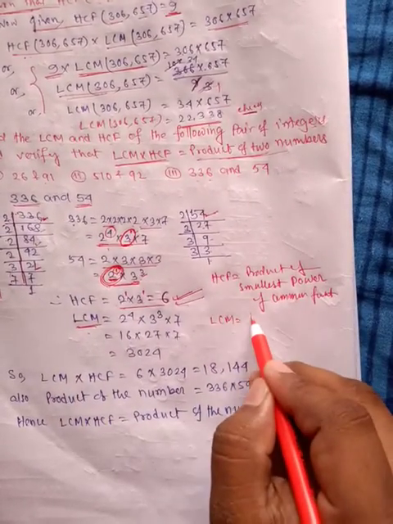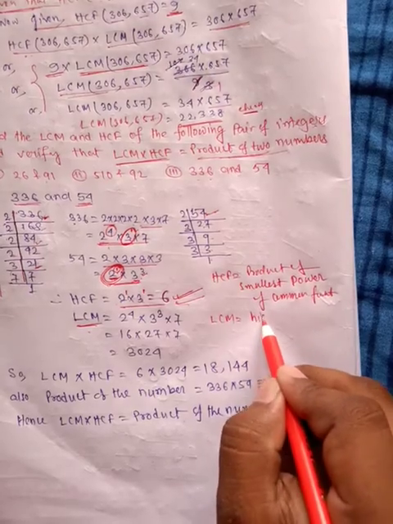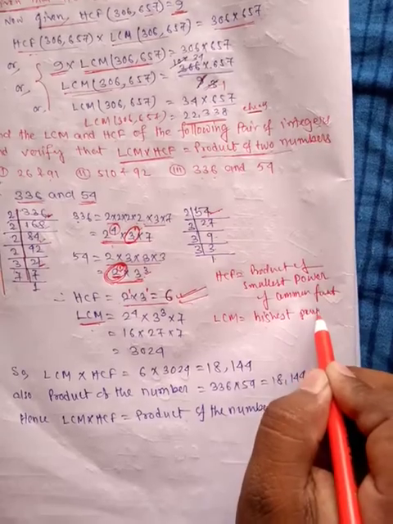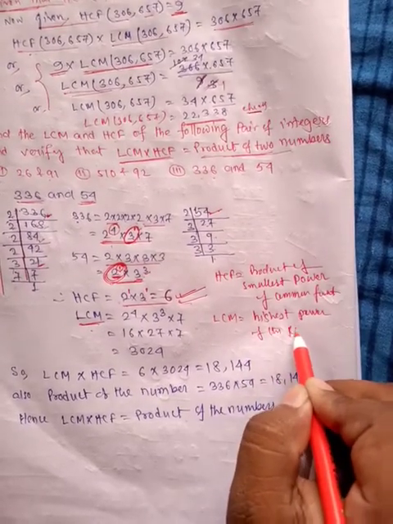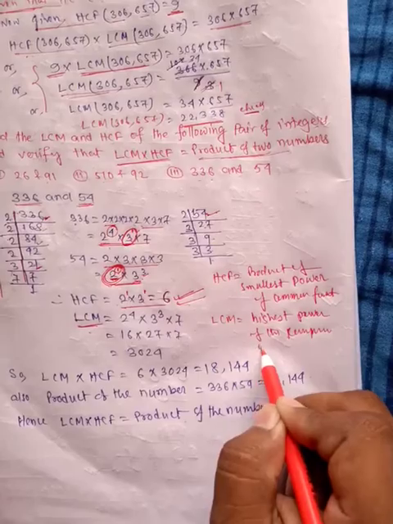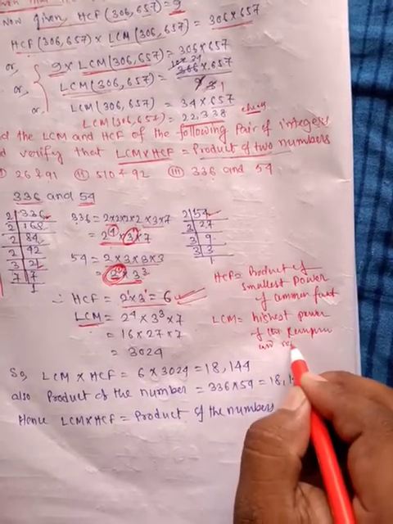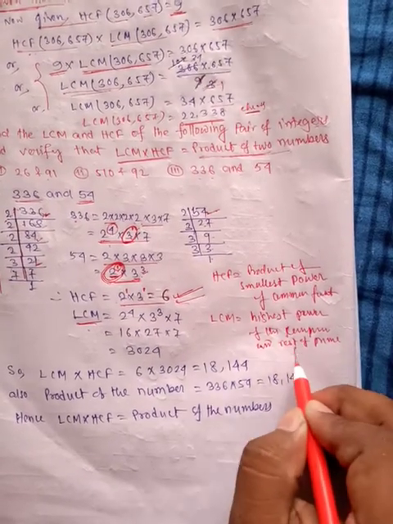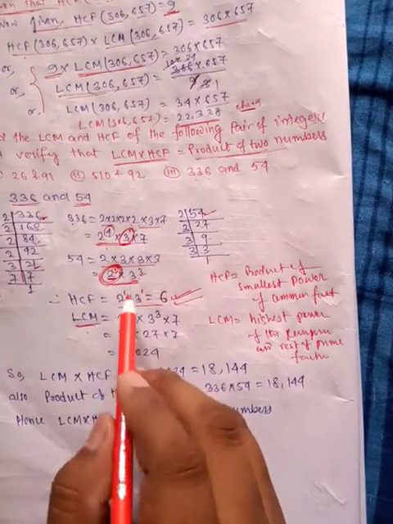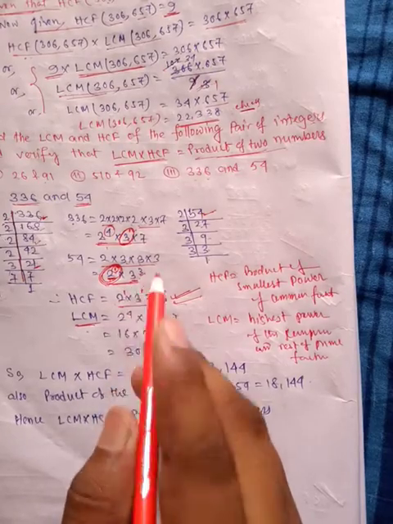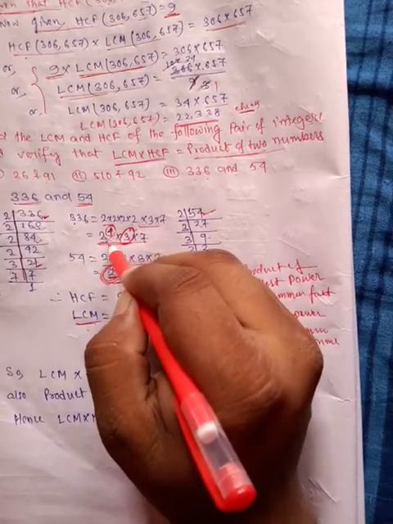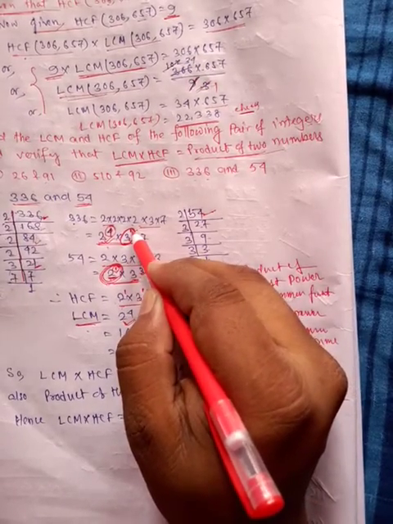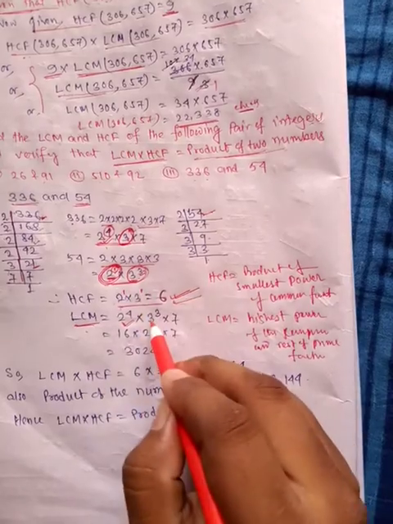For LCM, it is the highest power of the common factors and the rest of the prime factors. Now 2 and 3 are common here, so the highest power means 2 to the power 4 is highest, so 2 to the power 4 multiplied by 3 to the power 3, since the powers of 3 are 1 and 3, so 3 is highest.